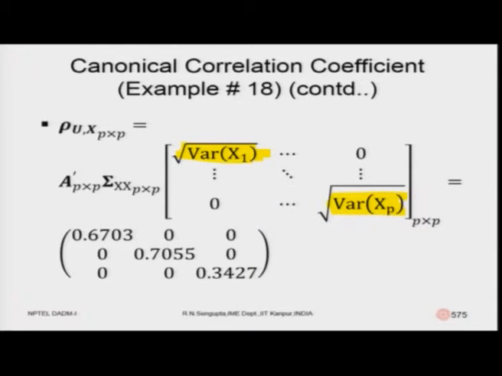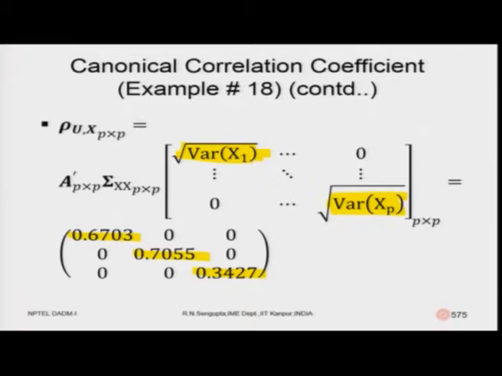So, the corresponding values would be 0.67, 0.70, 0.34. Obviously, the others as noted down are 0. You can find it very easily by multiplying A with the corresponding variance covariance of x. Only remember the size, again I am repeating, for x it is 3, for y it is 4.